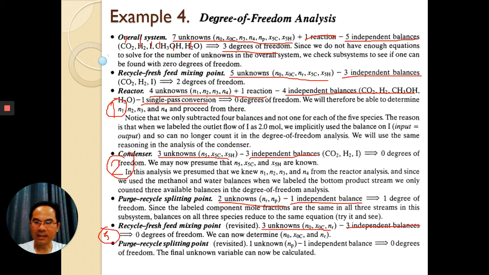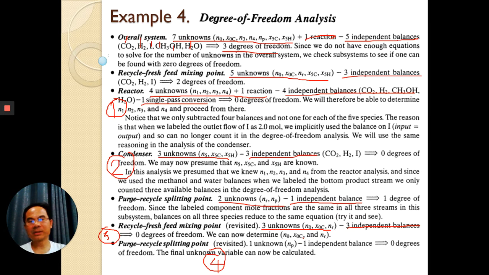That is step 3. And then you balance the recycle split again. This is step 4. Because you know NR from step 3, you can solve for NP.